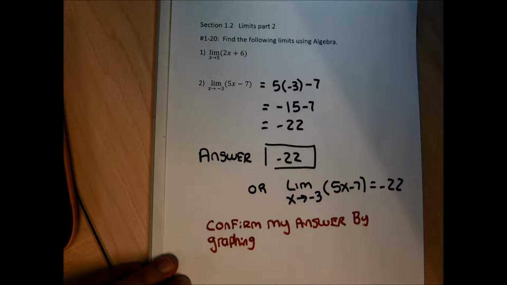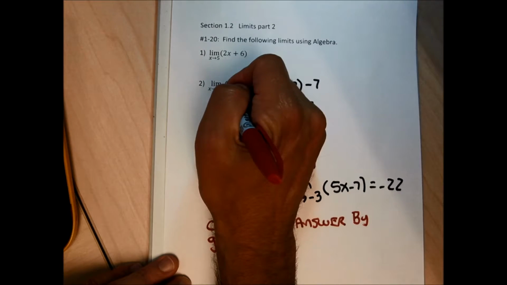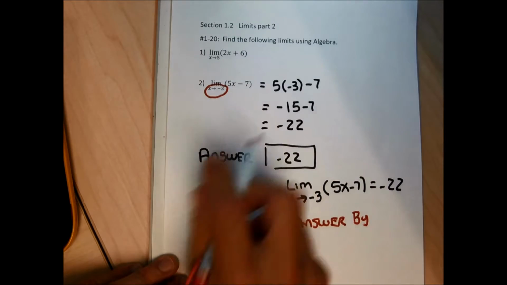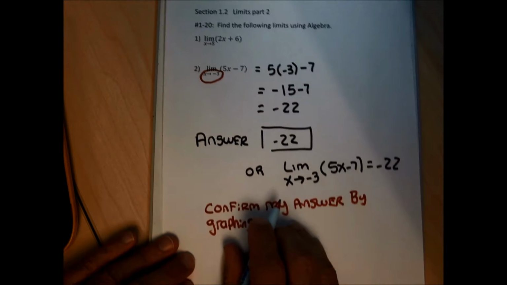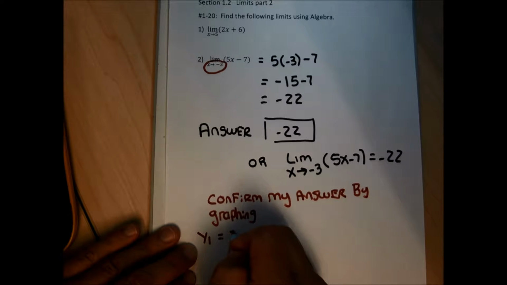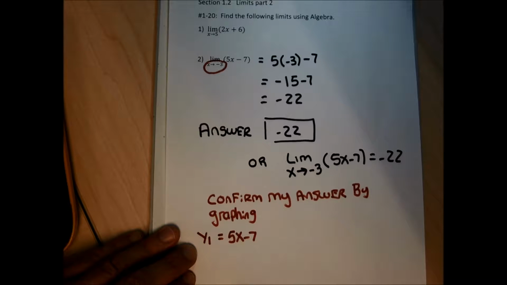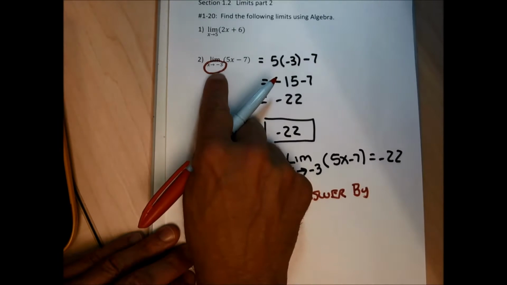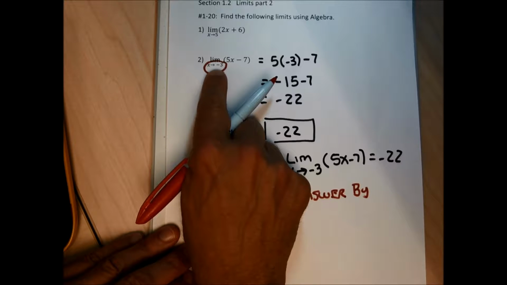So I'm going to graph this function eventually on my calculator on y1. I'm going to enter the function 5x minus 7. And in order to be able to calculate the limit using my calculator, I need to set the window so that it covers x equals negative 3 very nicely, but not too broadly.